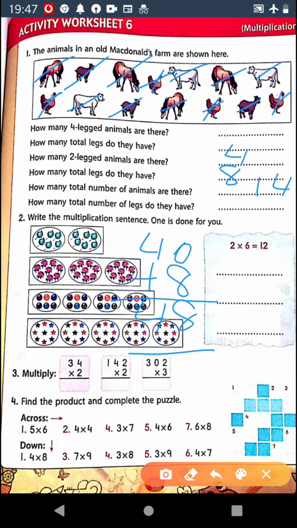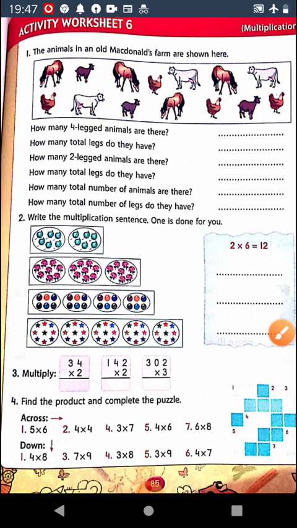So they have 48 legs. We had counted there were 10 four-legged animals, so 10 four-legged animals means 40 legs, and 4 two-legged animals means 8 legs. So 40 plus 8, that means total number of legs is equal to 48.